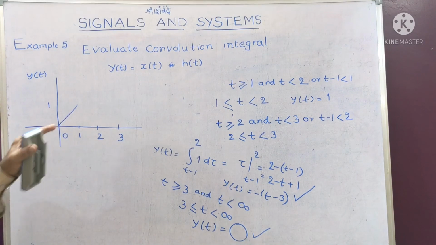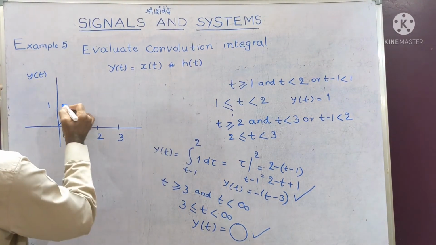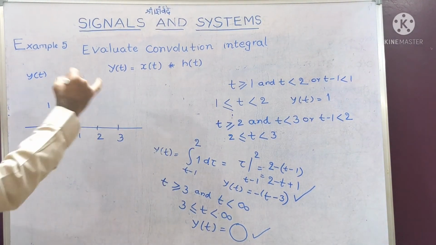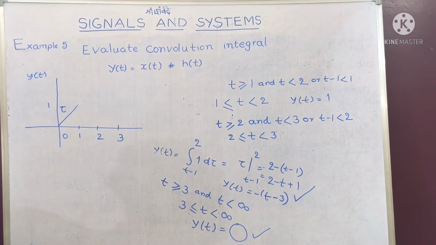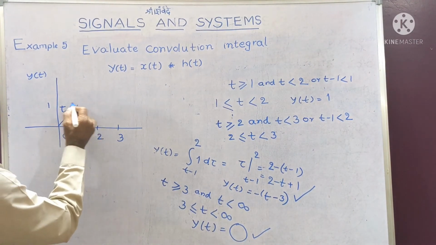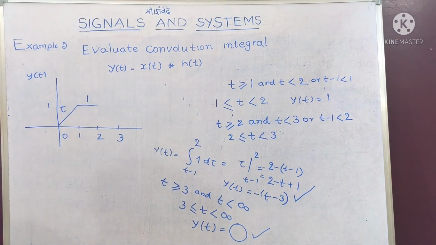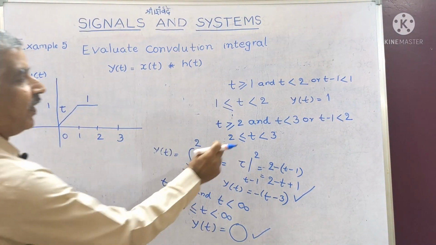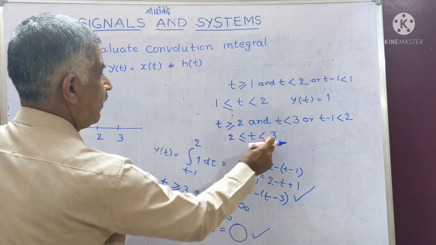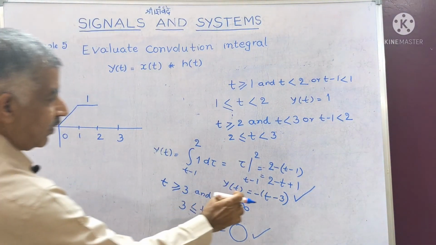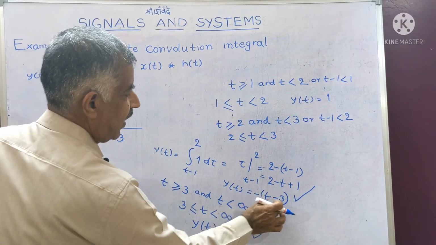Between 0 and 1, if you remember, the equation was t. Then between 1 and 2, it was a constant magnitude of 1. Then between 2 and 3, it is minus of t minus 3.